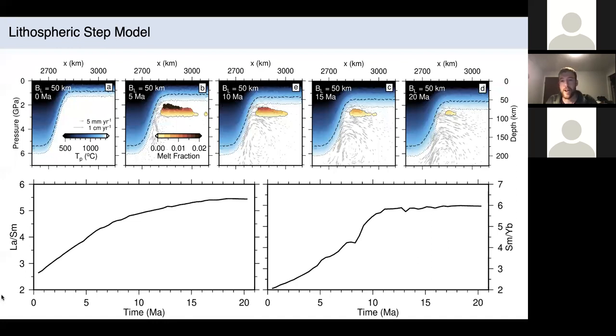This change in melt fraction is also seen in our estimates of melt chemistry. So you can see lanthanum over samarium increases through time, and samarium over ytterbium also increases through time within the model.